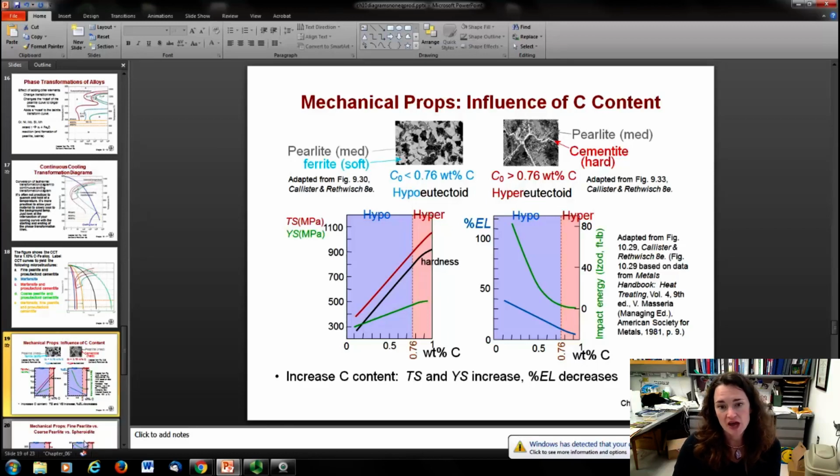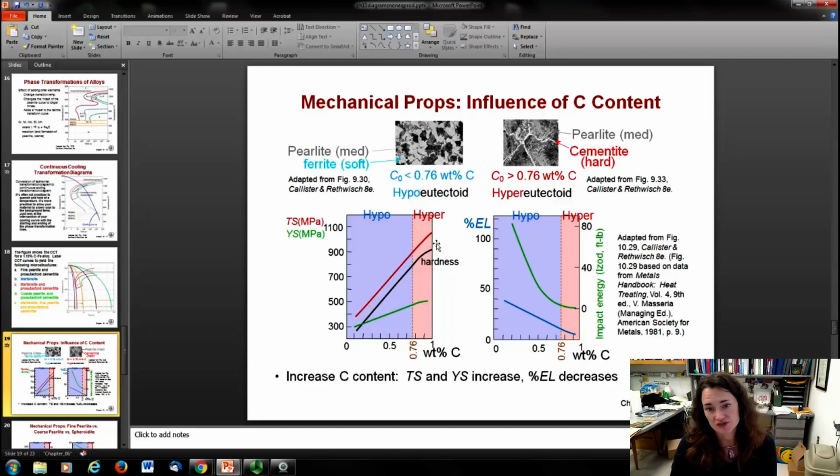And so as you cross that 0.76 eutectoid concentration line, you're going from something that is much softer and has a lower tensile strength, is more ductile, that's your ferrite composition, over to your cementite composition where you've got your hard, brittle structure, okay? And it's going to be less ductile.